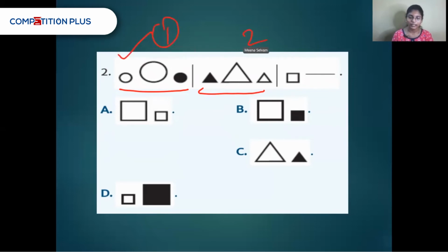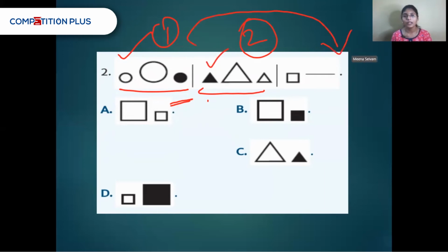The only difference is in term 1 the last circle was shaded. Here in term 2 the first triangle is shaded. Now the same pattern has to follow for the next term. You would have two squares in between a big square, and then the last square should be shaded. Accordingly, only option B is suitable, and that is the correct answer.